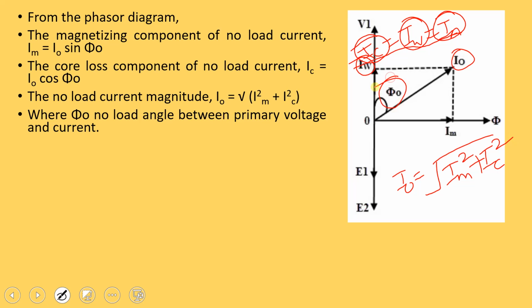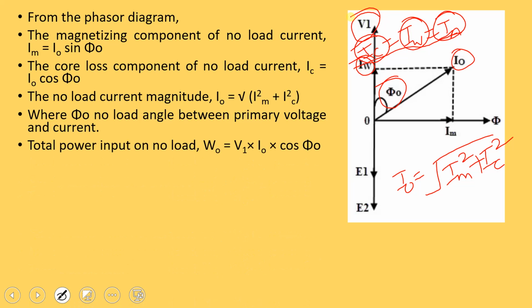Phi naught is the no load angle between the primary voltage V1 and the current. The total power input on no load is given by W0 equals V1 into I0 cos phi naught, which is our IC component.